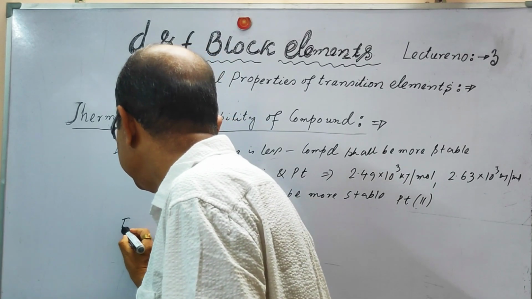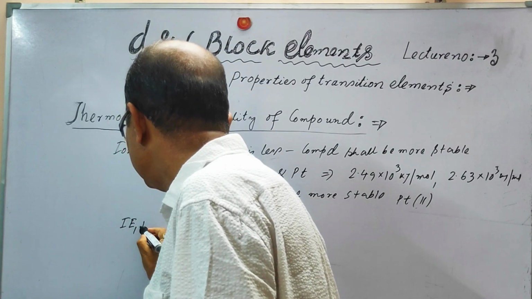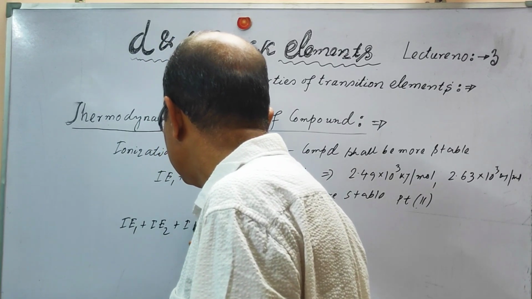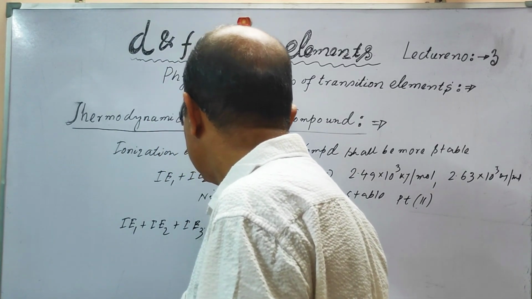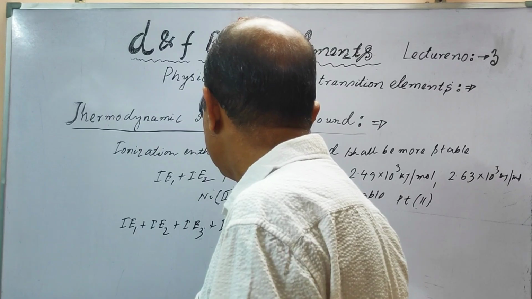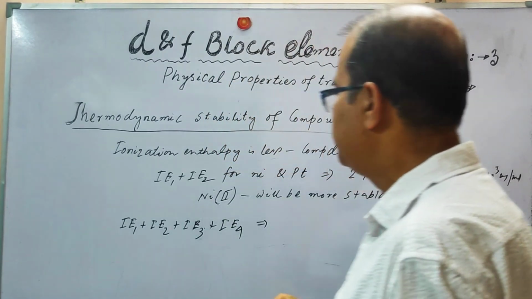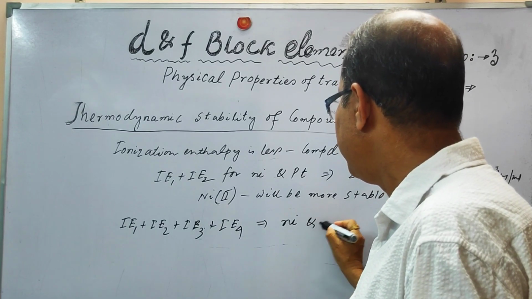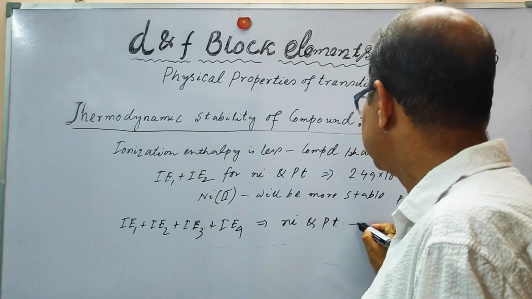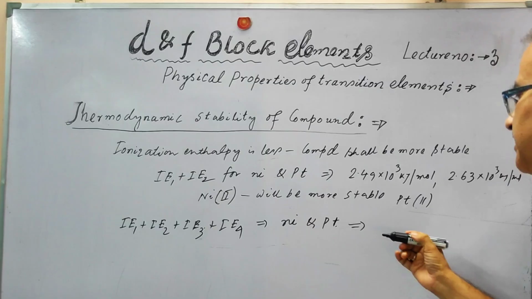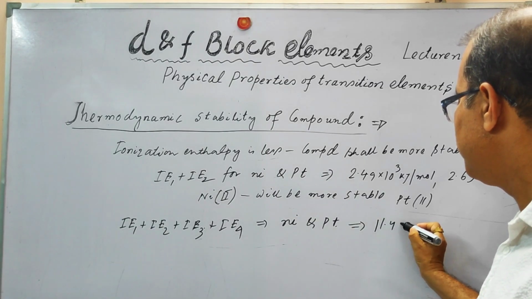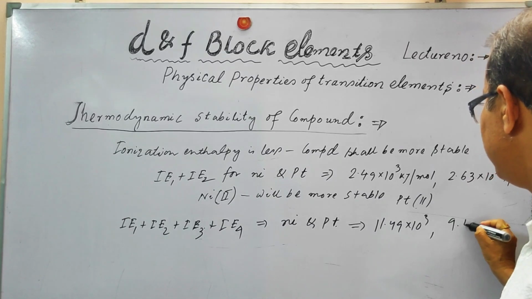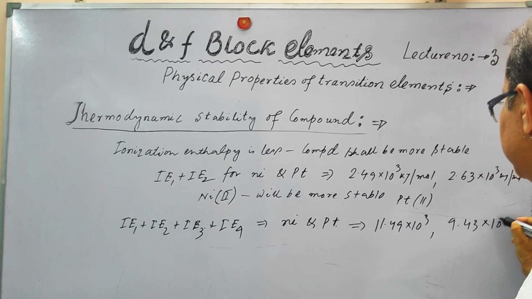Another example, this is for nickel and platinum respectively. It is found 1.49 x 10^3, and it is 9.43 x 10^3.